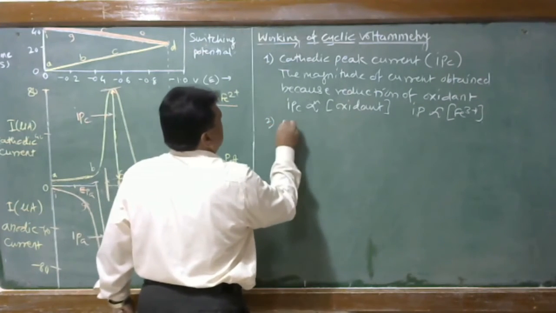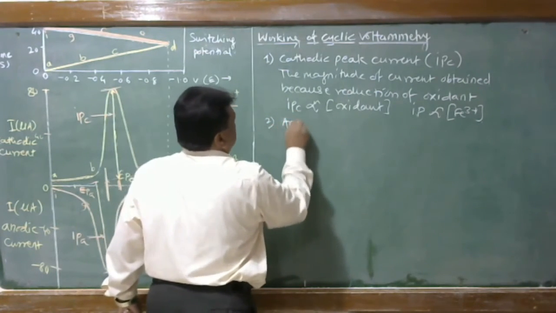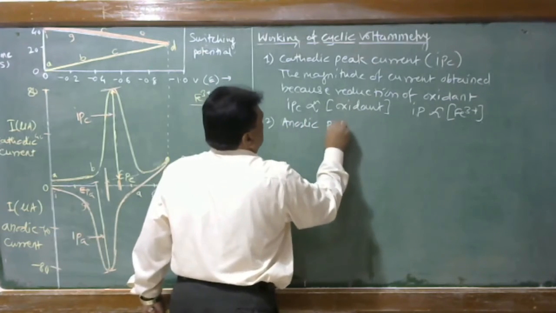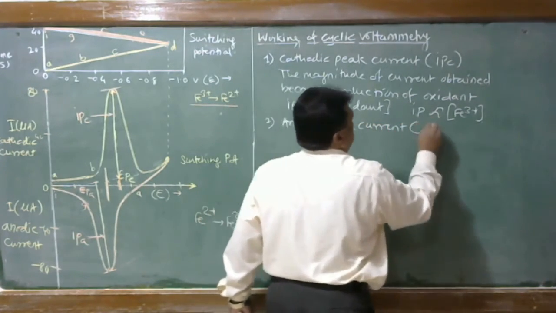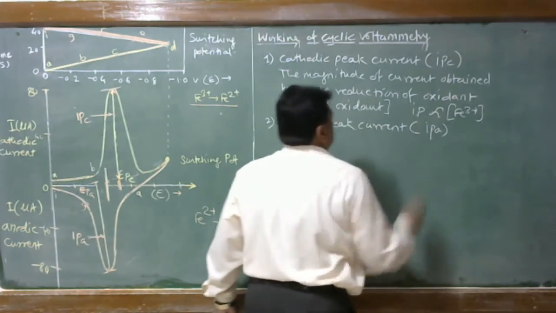Similarly, the second parameter is the anodic peak current, and it is denoted by IPA.